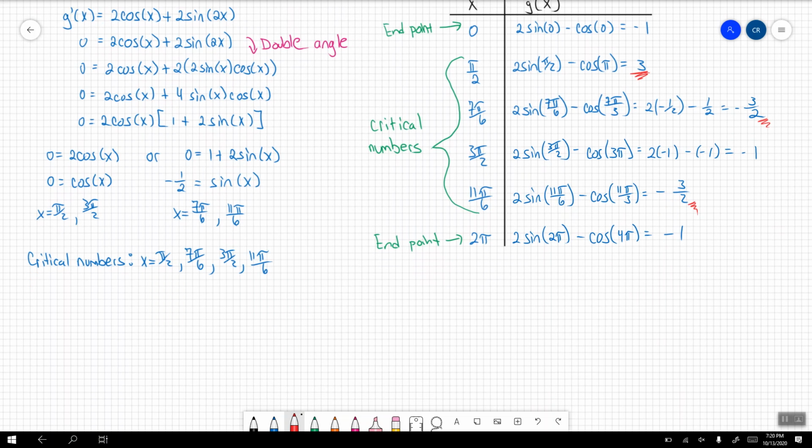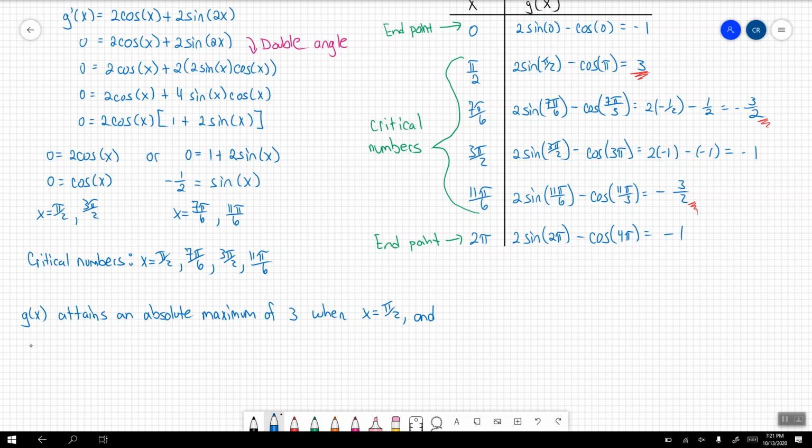So here we found that we do have an absolute maximum and we do have absolute minimums. Neither of these occur at the endpoints. Interesting to see, but let's write it up. So g of x attains an absolute maximum of 3, and this is when x is equal to pi halves.